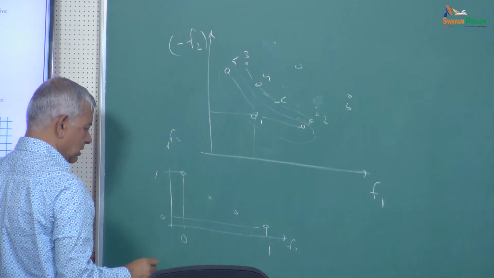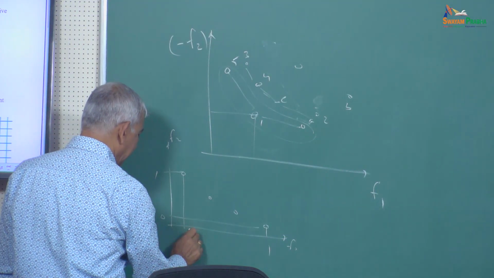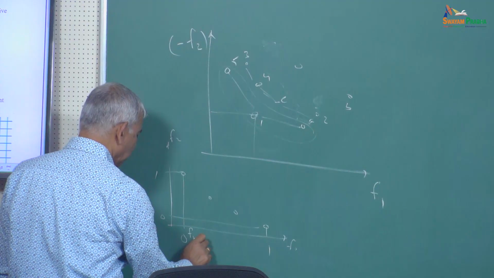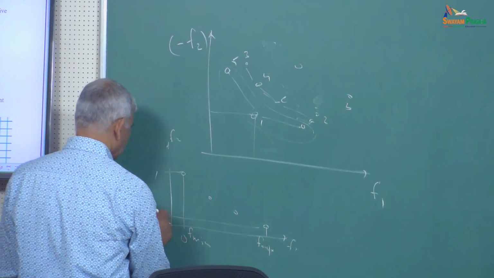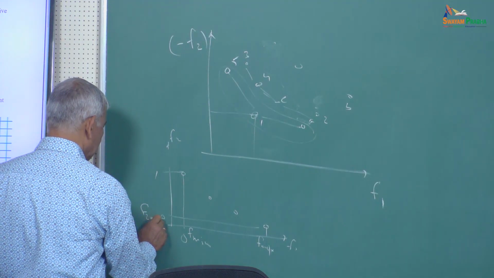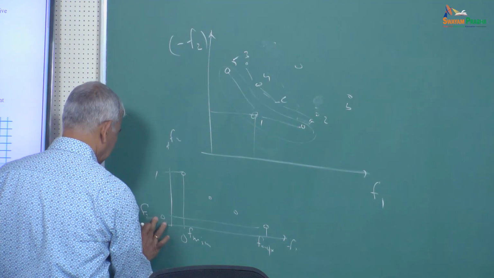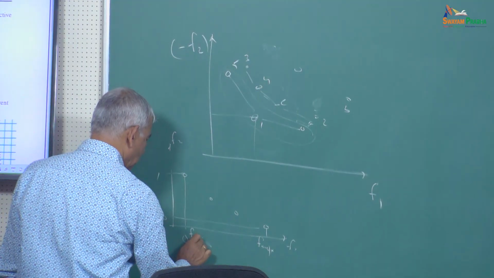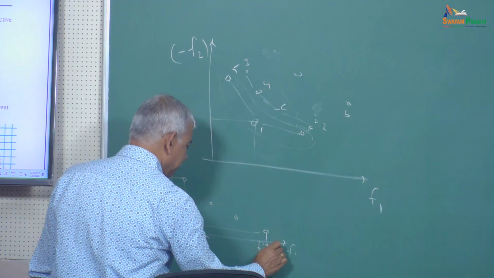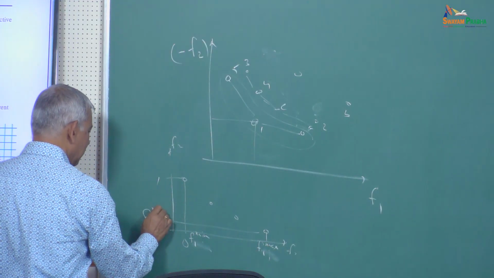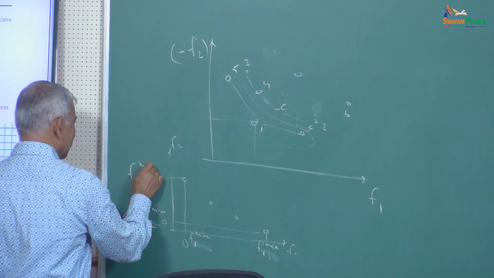Somebody asked me how to do this. Find the minimum value for f1, the maximum value for f1, the minimum value for f2, the maximum value for f2: f1 min, f1 max, f2 min, f2 max.